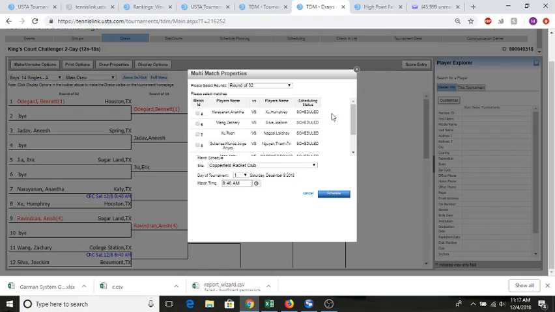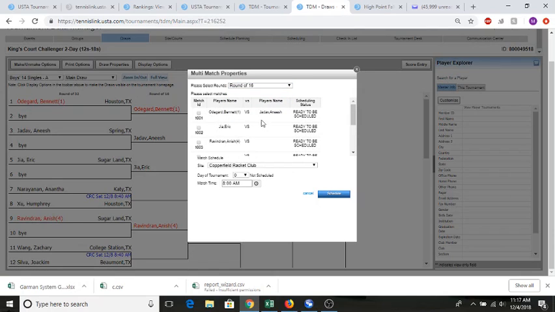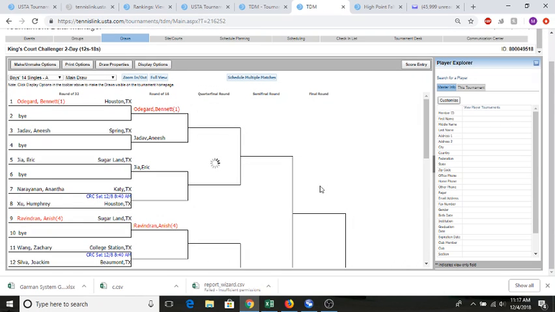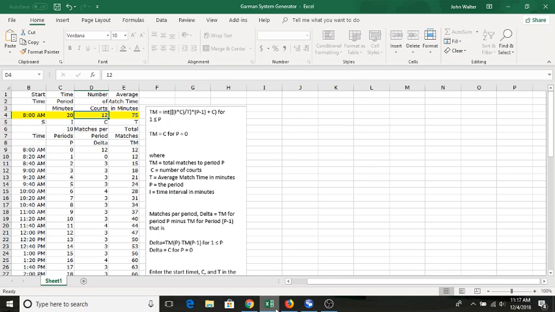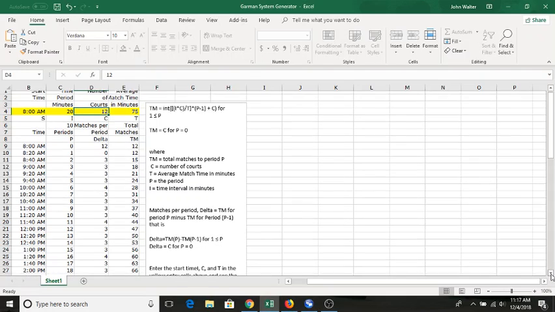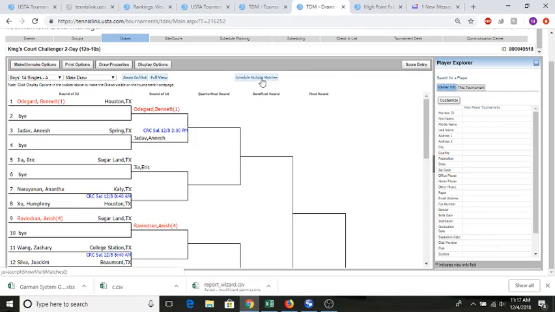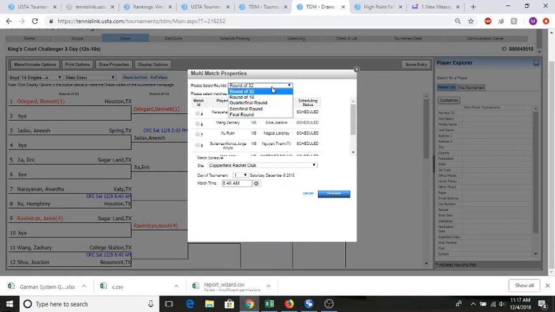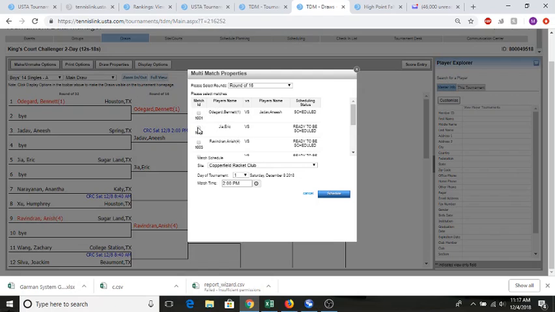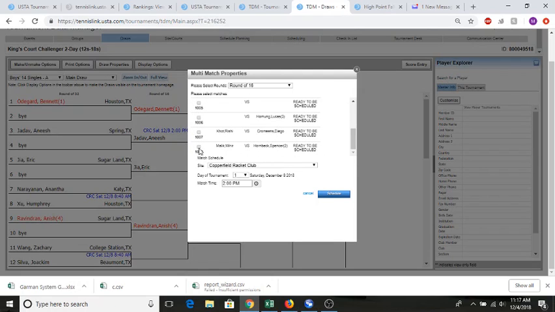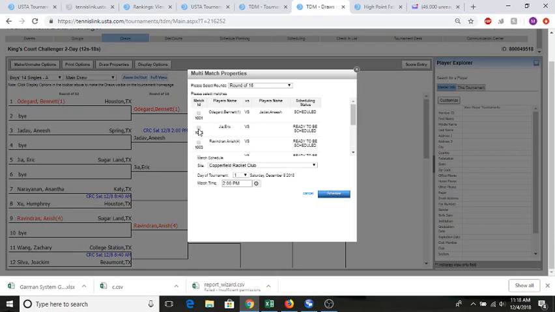All right, let's see. So schedule this for 2. And then I have 3 at 2:20. 1, 2, and since one of the players already got a bye, we'll go back to the top.